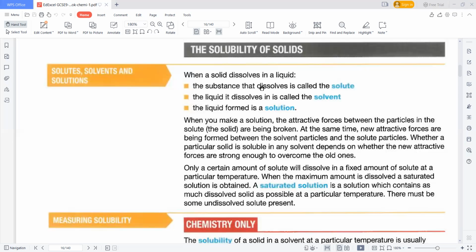Now, when a solid dissolves in a liquid, when it is simply changing its state of matter, two to three phenomena are observed.